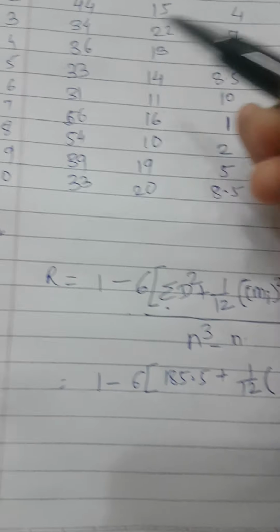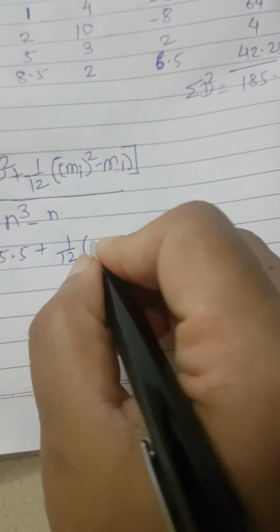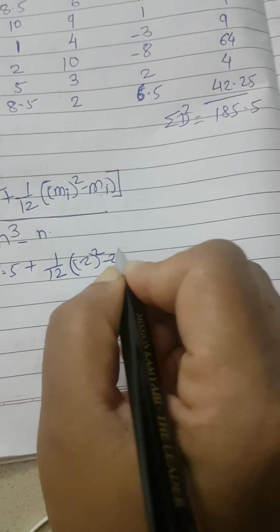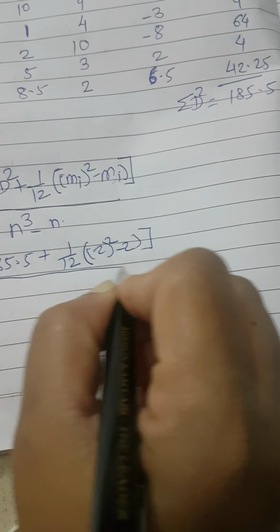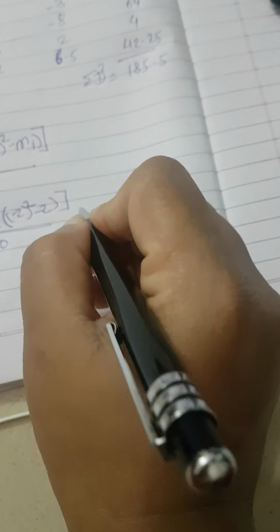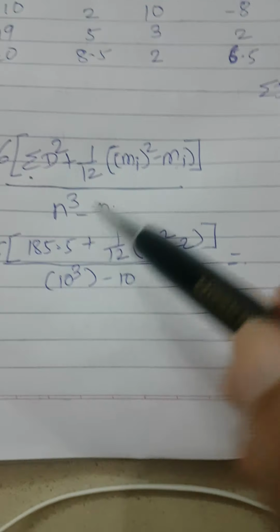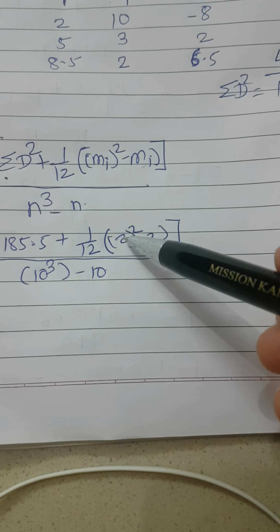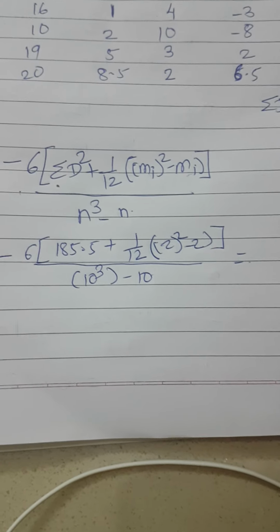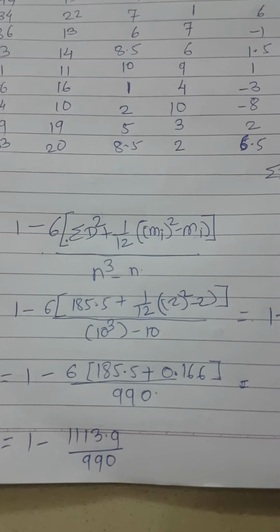Mi means this 33 is repeated 2 times, so instead of mi I'll write 2, so 2 cube minus 2, and then n cube minus n, where n is 10 because we have 10 observations, so that will be 10 cube minus 10. Now let's do this calculation. Here 2 cube is 8 and 8 minus 2 is 6.